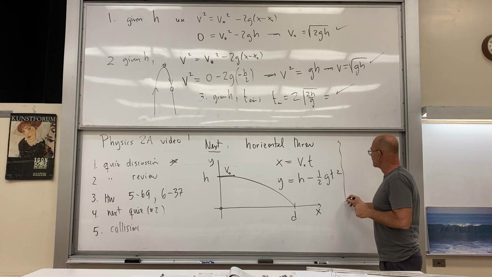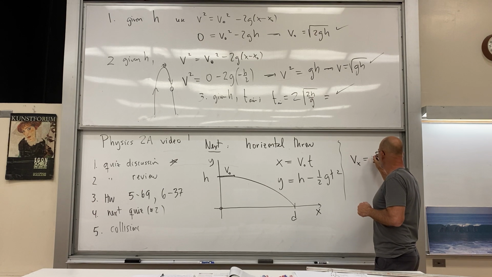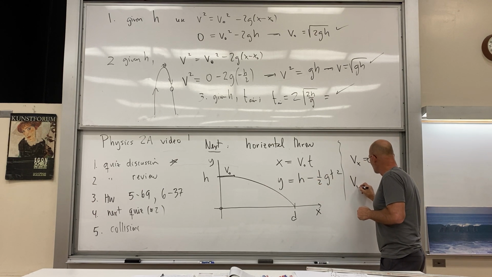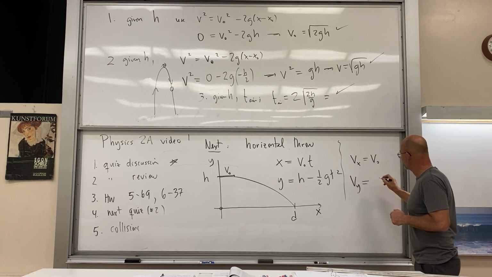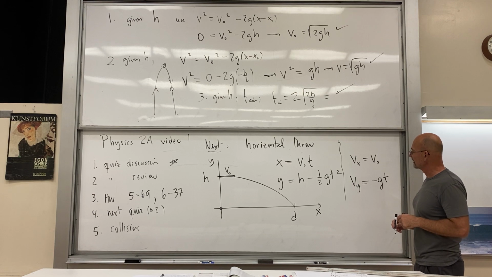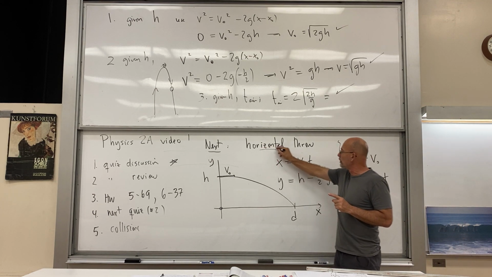We can also remind ourselves that v sub x is equal to v0 as given here, but v sub y is equal to minus g times t. And when we started talking about horizontal throw, this is all we knew.